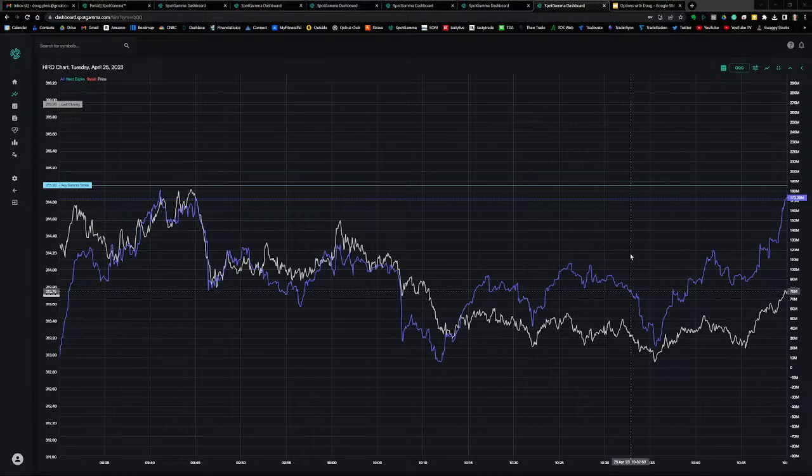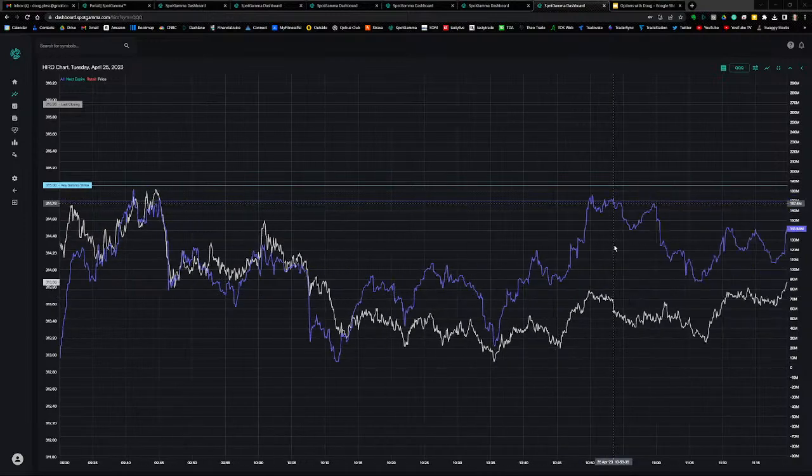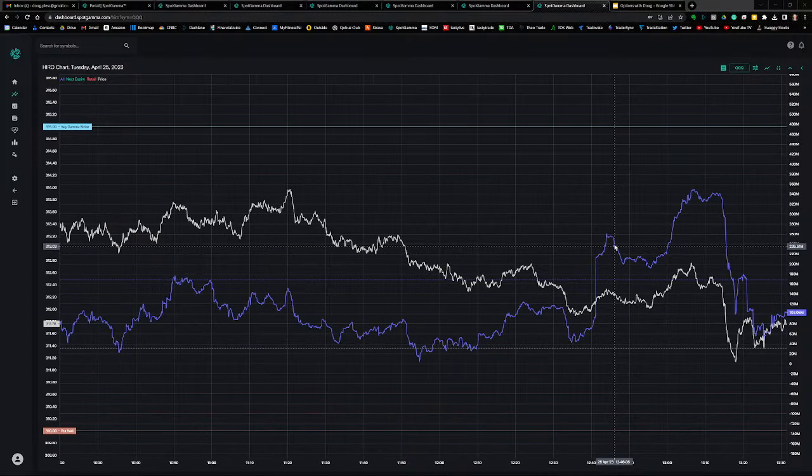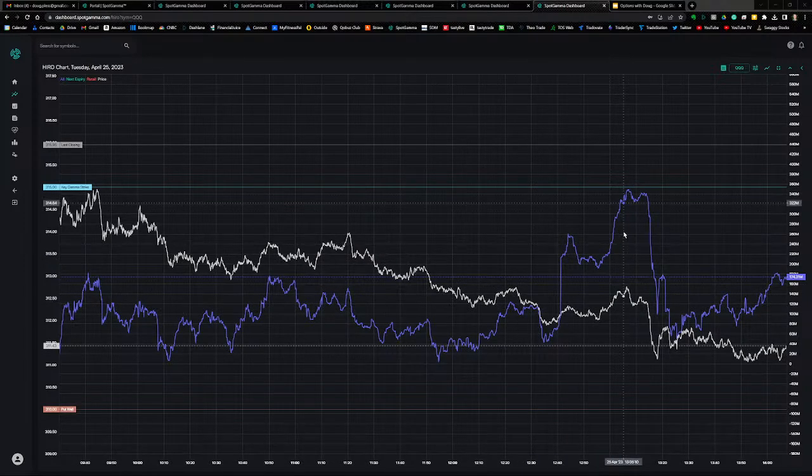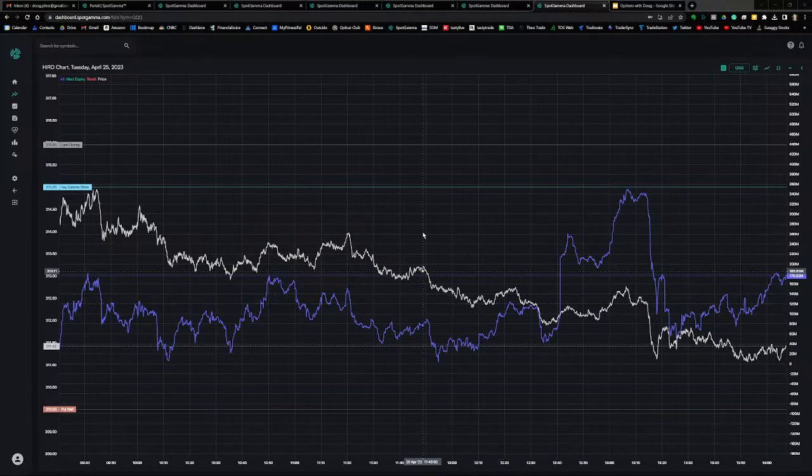Let's zoom out. So the signal is not as clear really after about 12:30, this large spike. That's a large block order. All right, and JEC said something about a spike on QQQ at 10:07.